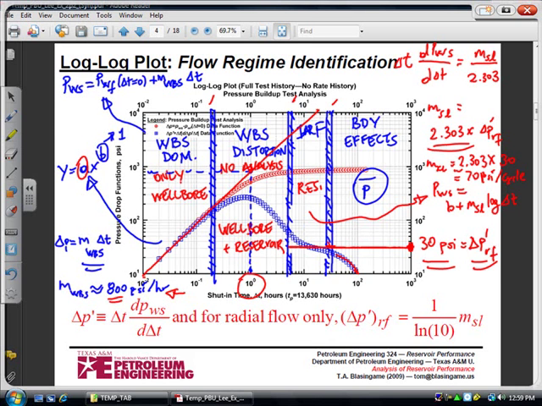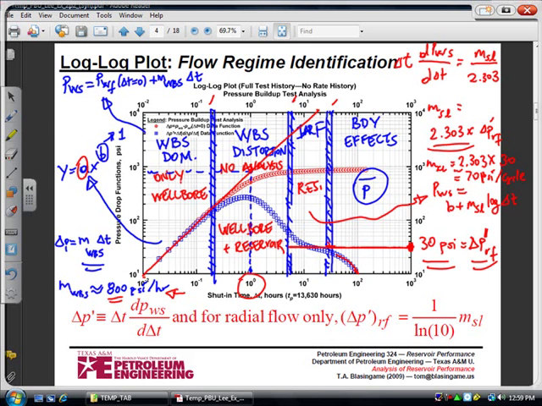Okay, did you write this down? Does the subscript RF stand for radial flow? Yeah, RF means radial flow. And the dash means the derivative. Can you get the average pressure from the Muskat plot?